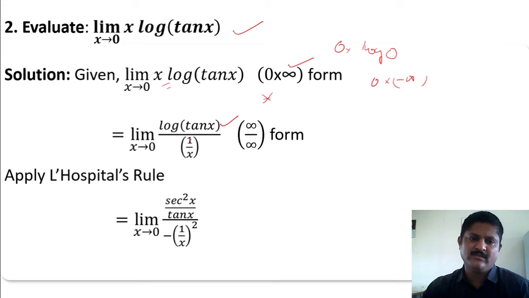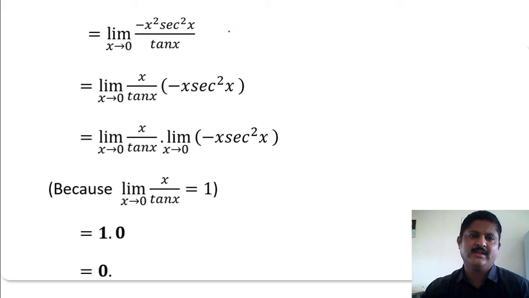Apply L'Hospital's rule: the limit as x tends to 0. Differentiation of log of tan x is 1 over tan x into secant square x. Differentiation of 1 by x is minus 1 by x square. Simplifying this, we get minus x square secant square x divided by tan x.